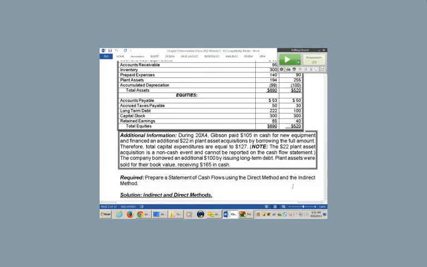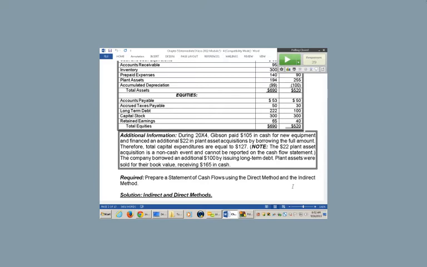So it tells us that the company paid $105 in cash for new equipment and financed an additional $22 in plant asset acquisitions by borrowing the full amount. That means their total capital expenditures are $127. Now the note here is not on an exam, but the note here is for us just to discuss that 22 of the plant asset acquisition is a non-cash event and is not reported on the statement of cash flows.